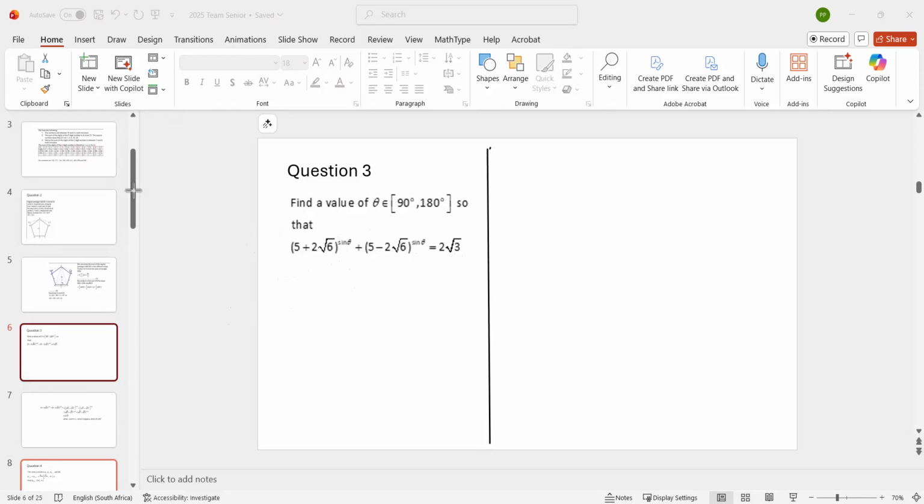Now, it turns out that these numbers here are actually square numbers. I think you have that 5 is 1 plus 4.